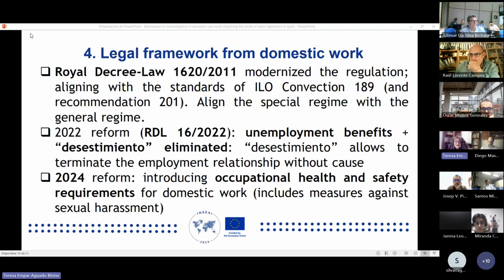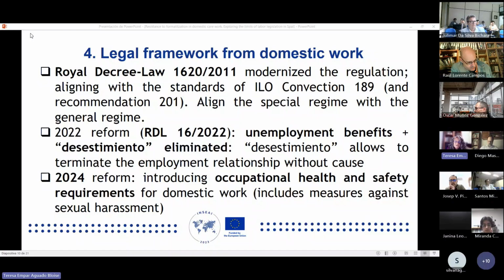Domestic work sits at the intersection of all these institutional fields, which together reinforce situations of vulnerability and informality. Even when legislation improves, these structural constraints remain firmly. We can see now the legal framework.